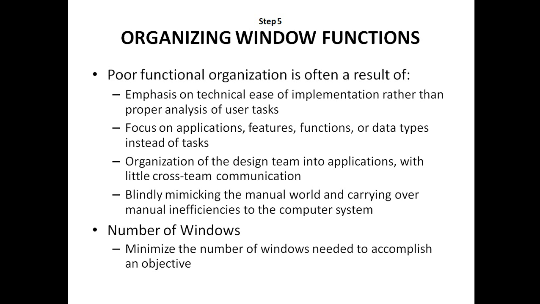Most of the time we prefer 2 to 3 windows at a time, a smaller number of windows. The objective is to minimize the number of windows so that we can accomplish the given objective and perform that task.